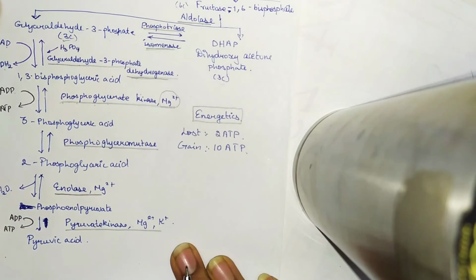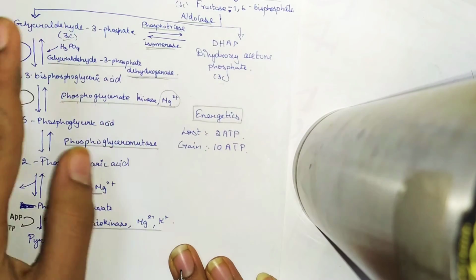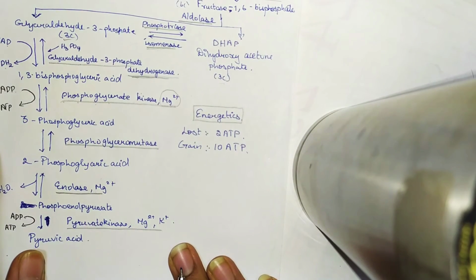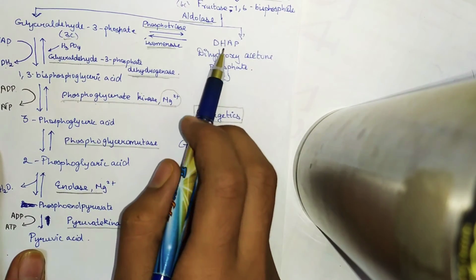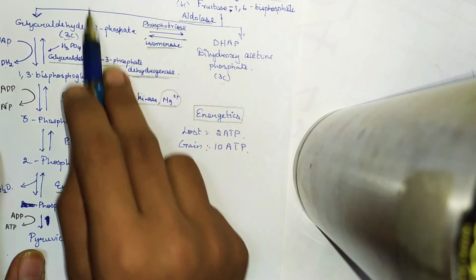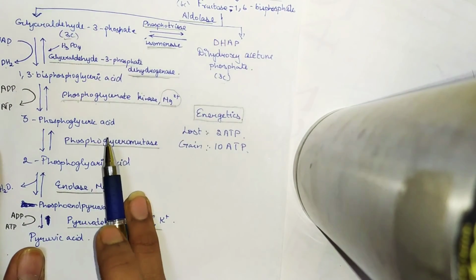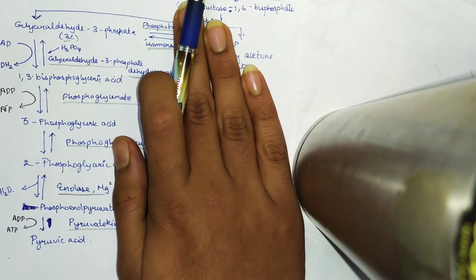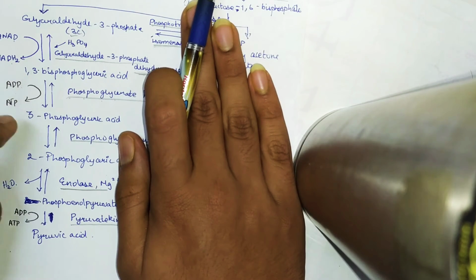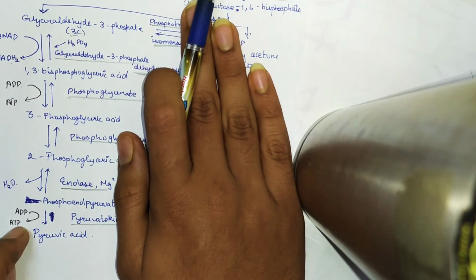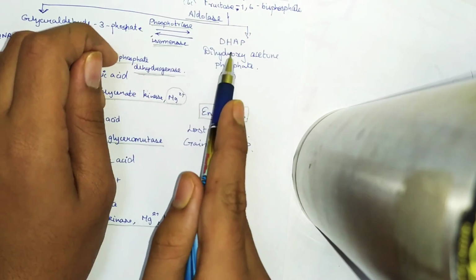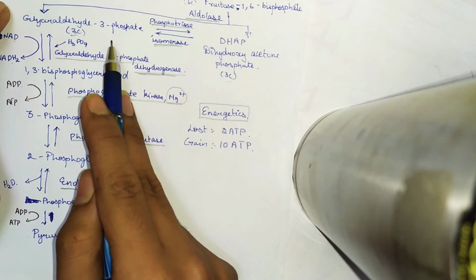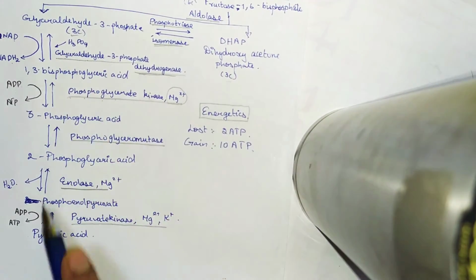Let me repeat it again. Because DHAP and G3P can interconvert with each other, we must also consider DHAP being converted to G3P during this cycle. If we just take G3P undergoing this process, we'll get NADH2 equal to 3 ATP, 3 plus 1 is 4, 4 plus 1 is 5. But even DHAP will be involved in this reaction, right? So when DHAP is involved, we are again going to end up with 5 ATP.